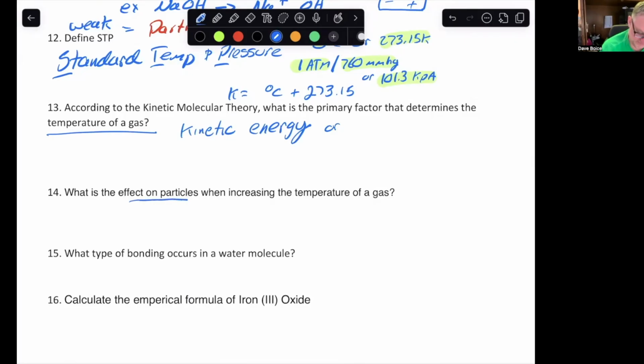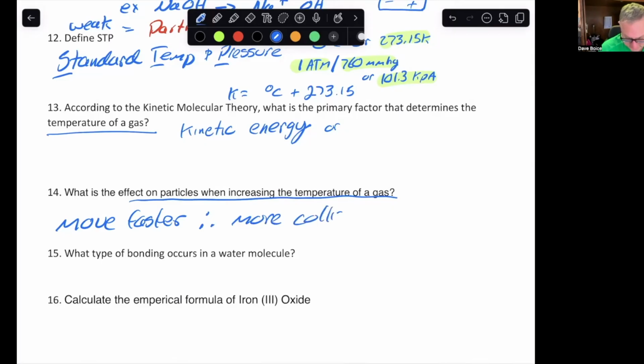So what is the effect on particles when increasing the temperature? If you increase the temperature, they move faster and therefore have more. Now, if you have something like a balloon, it's about the best I can draw a balloon.